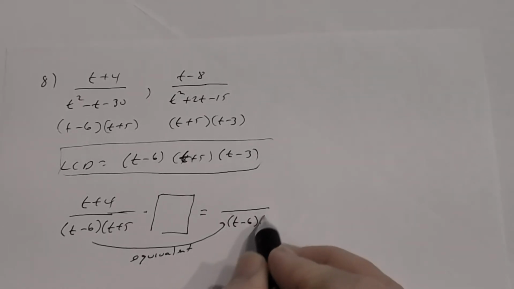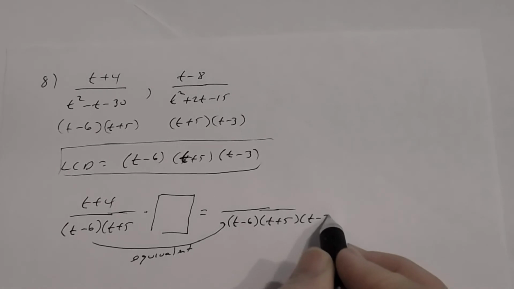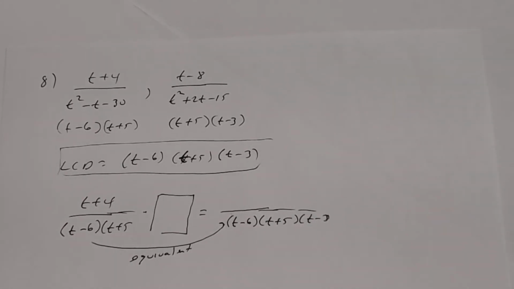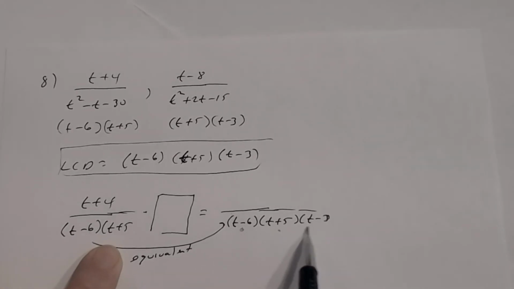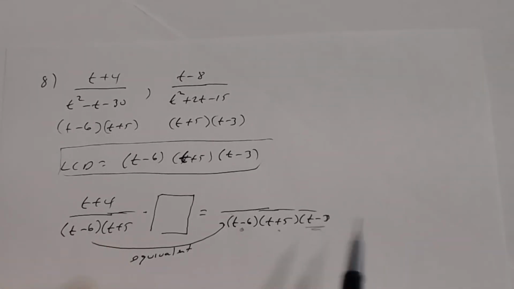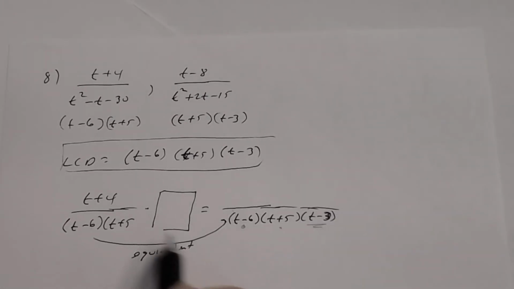That's the question. Looking at this, I already have the t minus 6 and the t plus 5, so I'm missing the t minus 3. So I'm going to multiply both numerator and denominator by t minus 3.